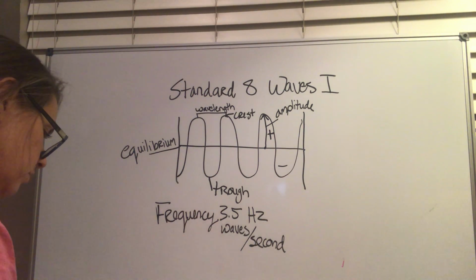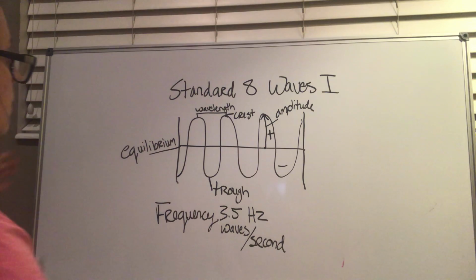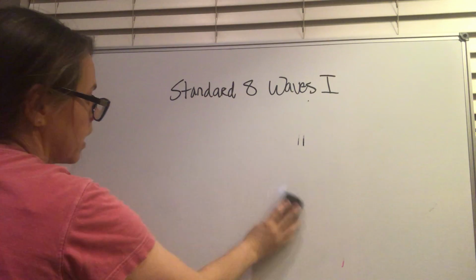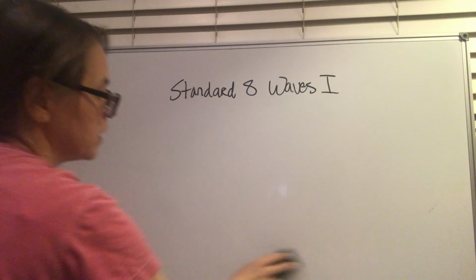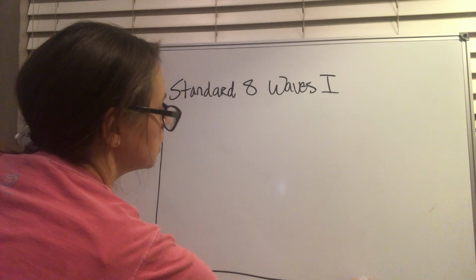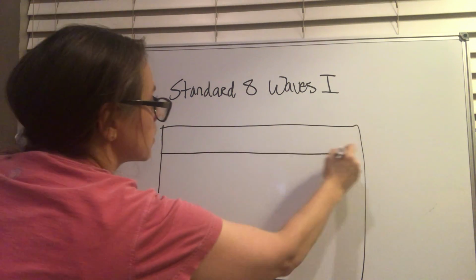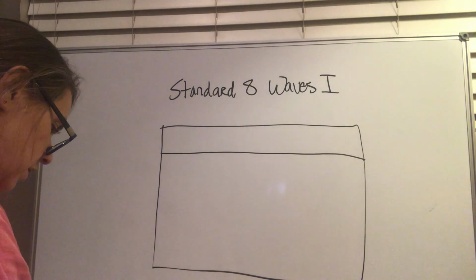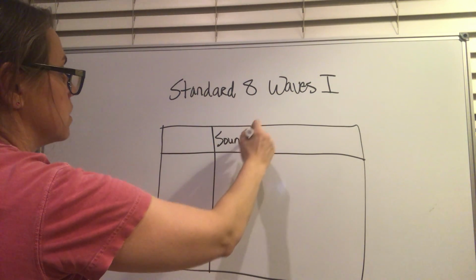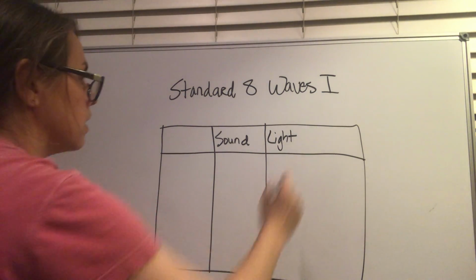So this is the model that you guys were required to draw on your test. Now we just got to remember, what does frequency mean and what does amplitude mean? That was really hard for people to keep track of. So we're going to just go ahead and make a table here. We're going to do different waves: sound waves, light, and water.